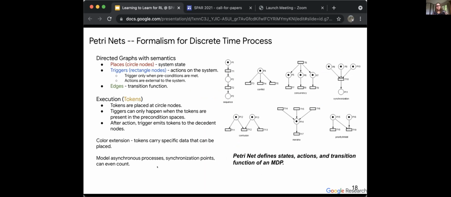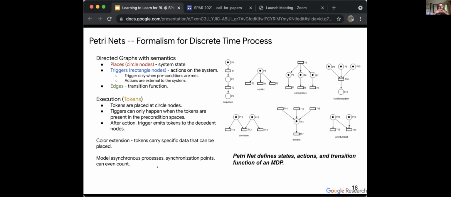If you're not familiar with the Petri nets, they're basically graphs. They have two types of nodes: places and triggers. Places are circles and triggers are rectangles. And then there is a little token there that basically defines the state. The token is at the place, and at the trigger, which happens in the rectangle, something happens to the system externally, and then the token moves on to the next one.